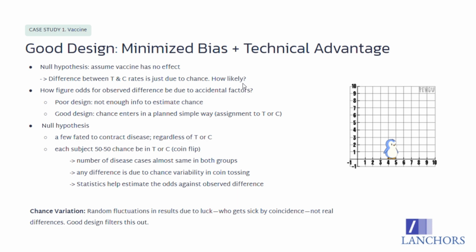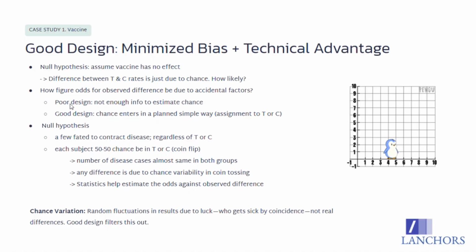How likely is that? With poor design of experiment, there is not enough information to figure out this chance. But with a randomized controlled experiment, on the other hand, chance enters in a planned way when you assign the subjects to treatment.